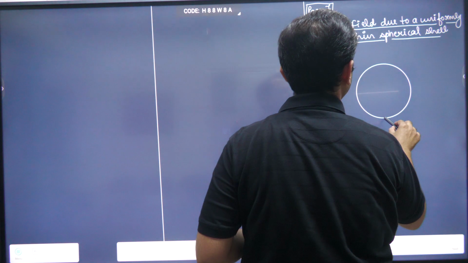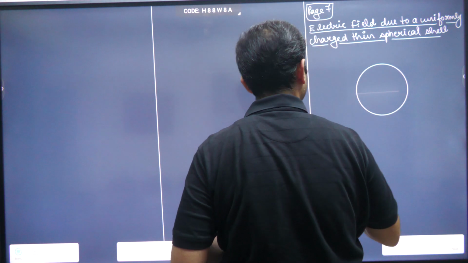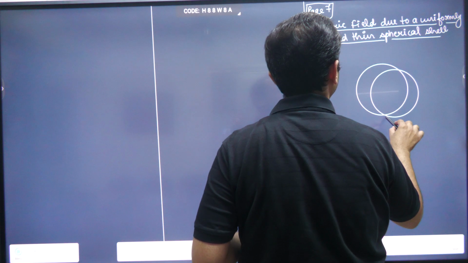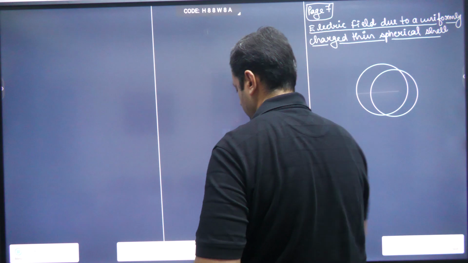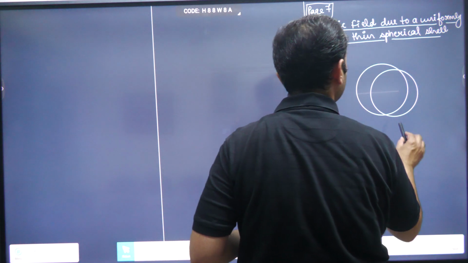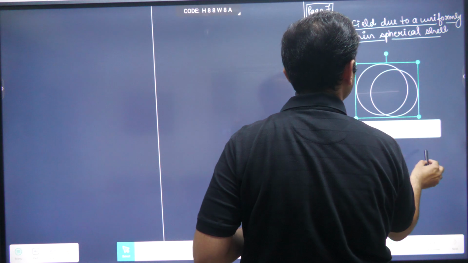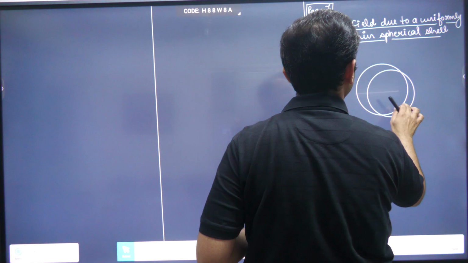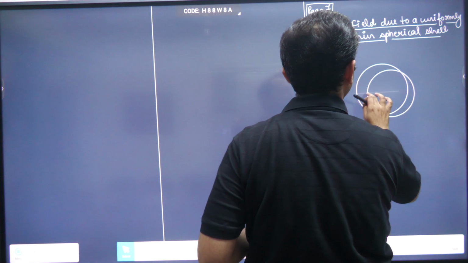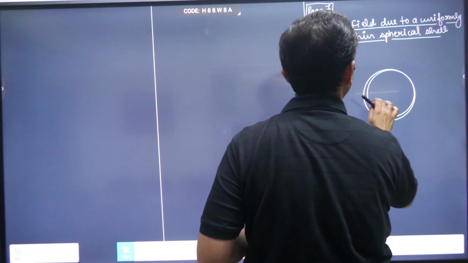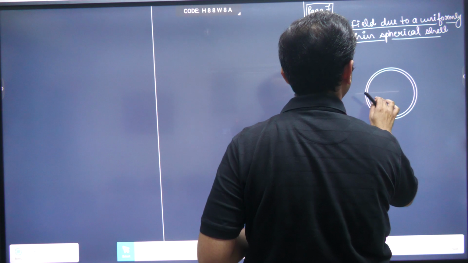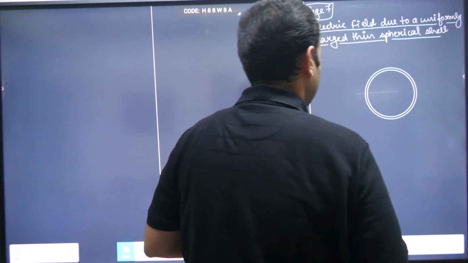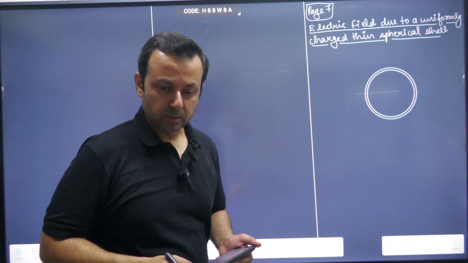In the name of a sphere, we draw a normal circle only. So this is a thin spherical shell.